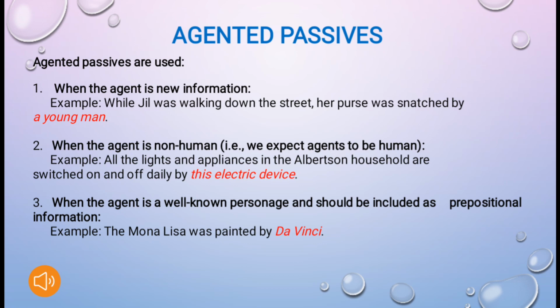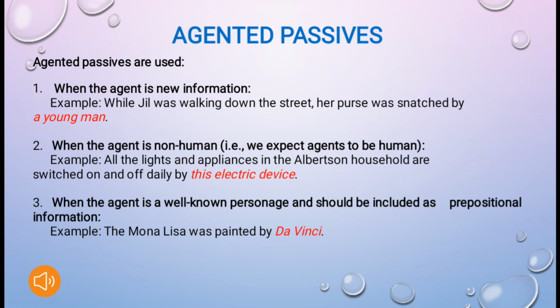So why is it that this young man is new information? It is because in the mindset of most people in this world, we identify bad people, for example, as snatchers. We identify bad people as adult individuals, right?